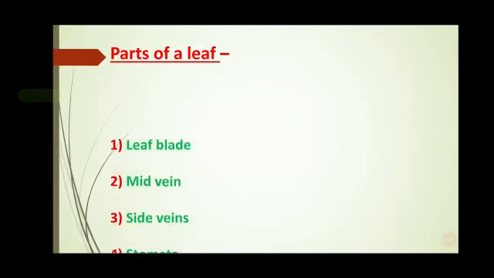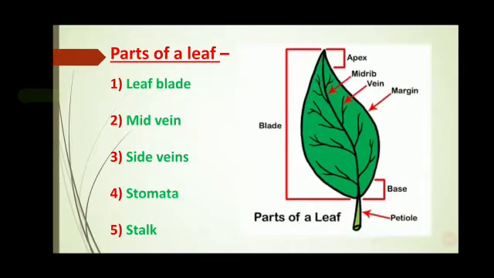So basically there are 5 parts of each leaf which are generally present in nature. First part is leaf blade, second part is midvein, third part is side vein, fourth part is stomata, and fifth part is stalk. So these are 5 basic parts of a leaf.